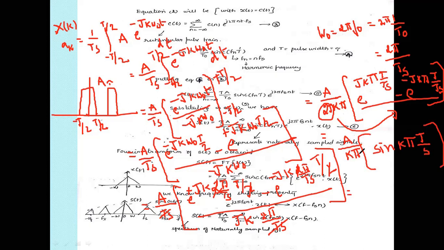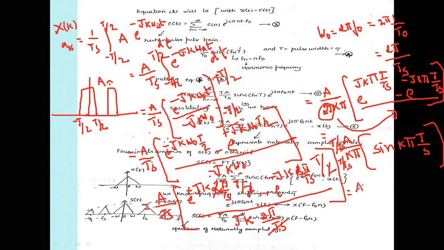Here also you can multiply tau by Ts in the denominator and the numerator. In the numerator we get tau by Ts, and in the denominator also multiply by tau by Ts.